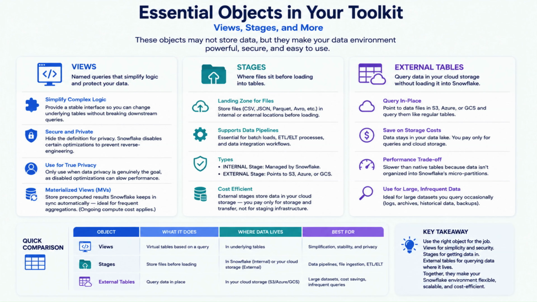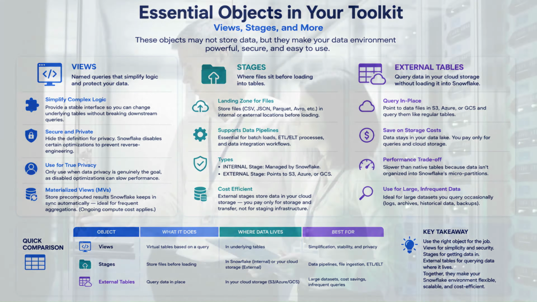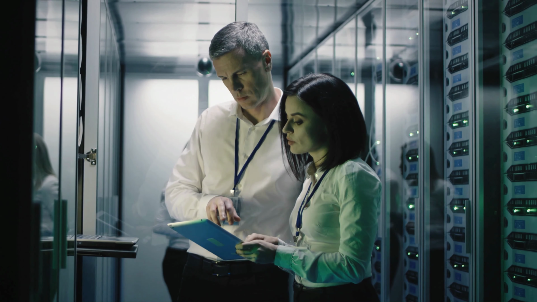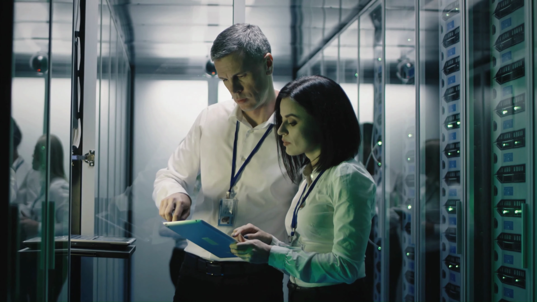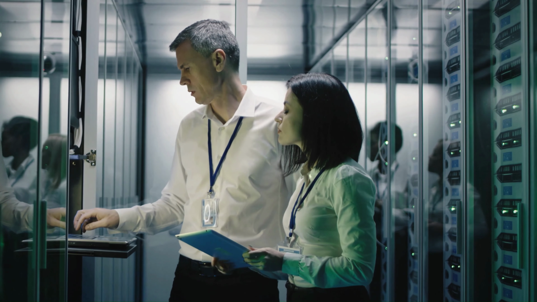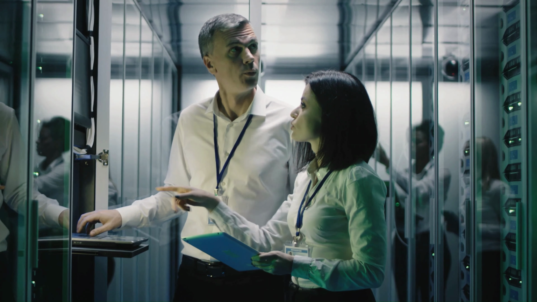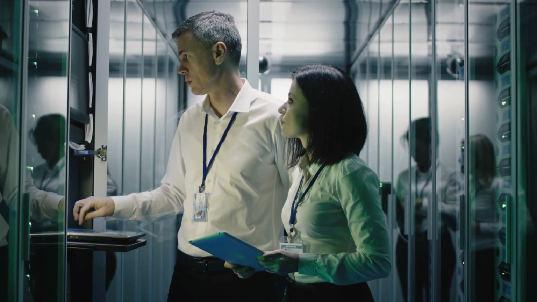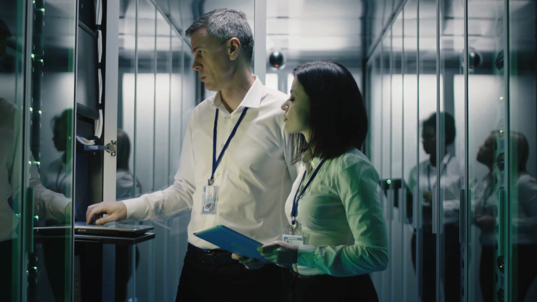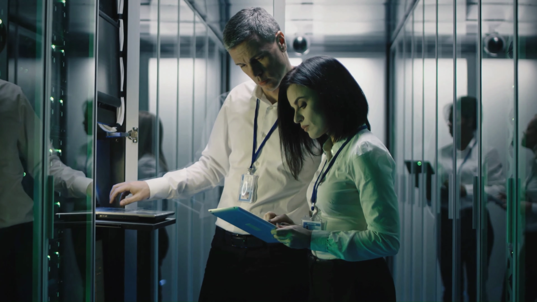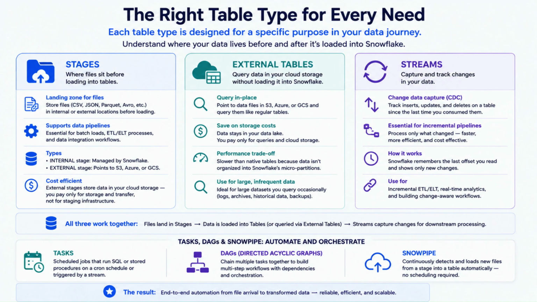A few more objects that round out the toolkit. Stages are the loading docks, where files sit before being loaded into tables. They can be internal, managed by Snowflake, or external, pointing to your S3 bucket or Azure container. File formats define how Snowflake interprets those files. CSV delimiters, JSON parsing options, Parquet settings. Streams are Snowflake's native change data capture.